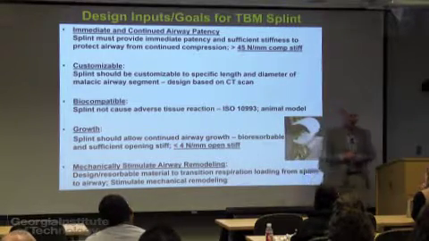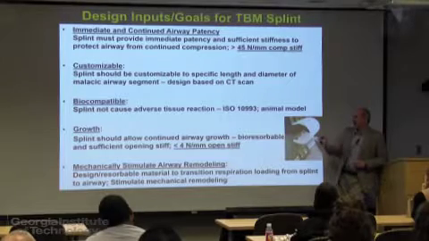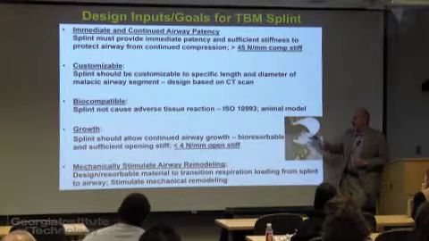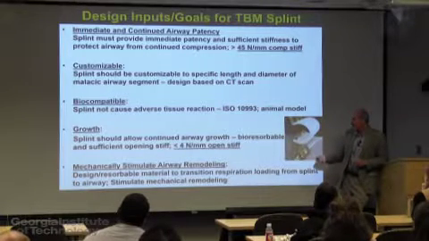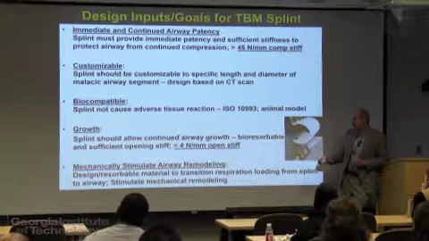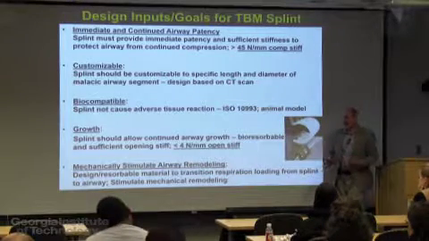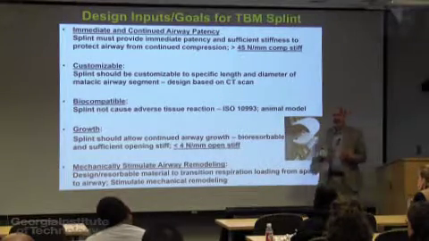You can imagine there's not much data out there on that. So we did our best in looking at rat studies and growth of airways to come up with a criteria for airway growth, a stiffness criterion, and we came up with this. And eventually we'd like to be able to simulate airway remodeling, but there's really a dearth of data on this.